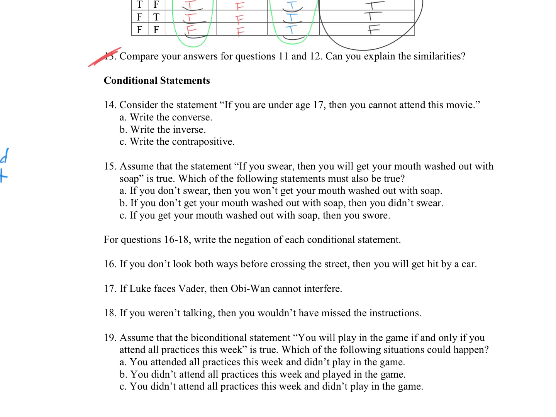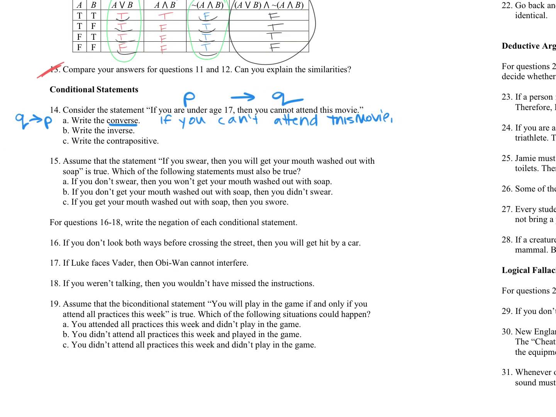And we have the converse, which, if we have P implies Q, the converse just flips that around. So Q implies P. So it would be, if you cannot attend this movie, we would probably say then you are under 17.